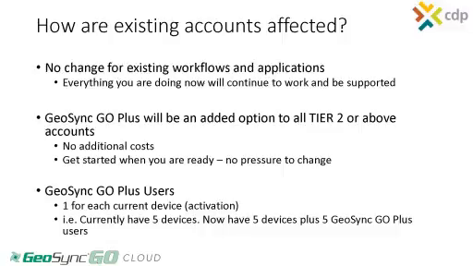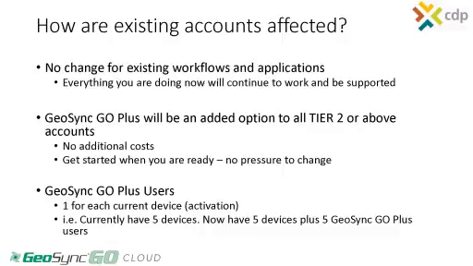GeoSync Go Plus will be an added option to all Tier 2 or above accounts. So if you have a Tier 2 or above account, GeoSync Go Plus will automatically be added to your account without any additional cost. No pressure to get started. You implement it when you're ready.